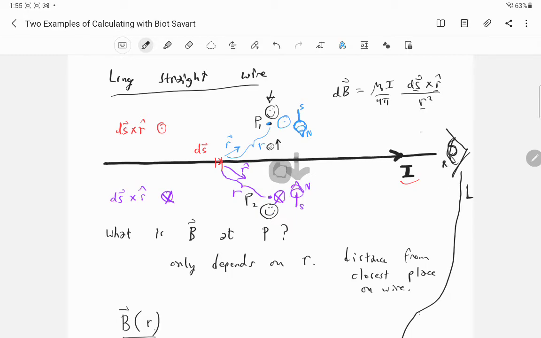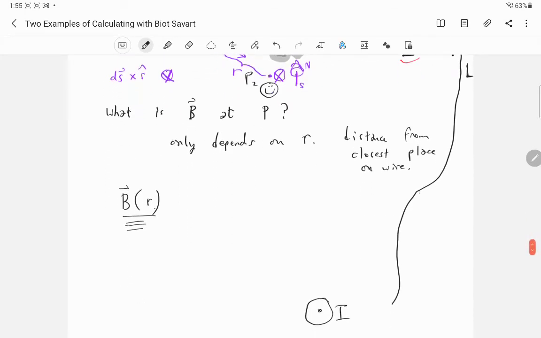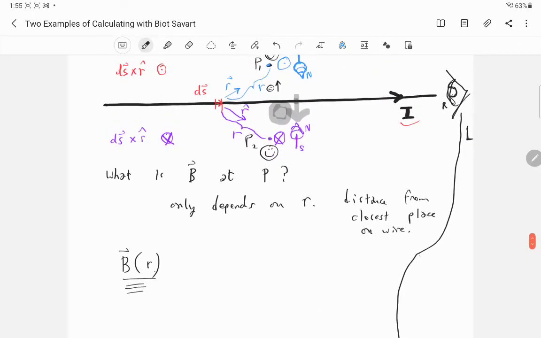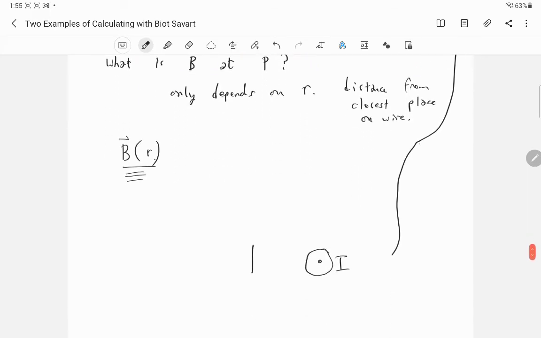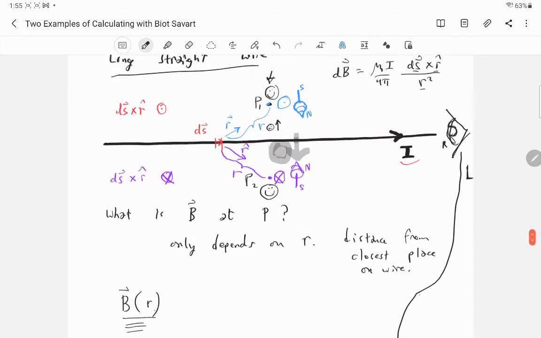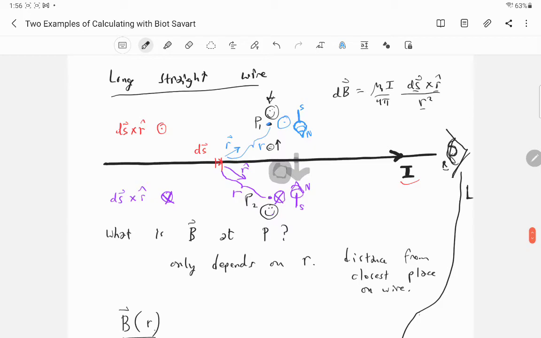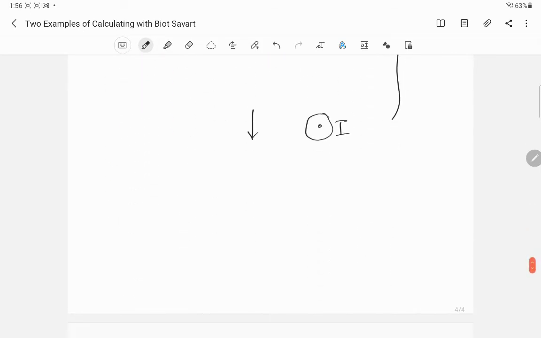The right side is behind the current, and the left side is in front of the current. That's their left and right. What they see on their left side is this gray arrow downwards. So this is the point of view of this person here. They see a gray arrow downwards. And on their right side, which is what this person sees, they see an upward arrow.